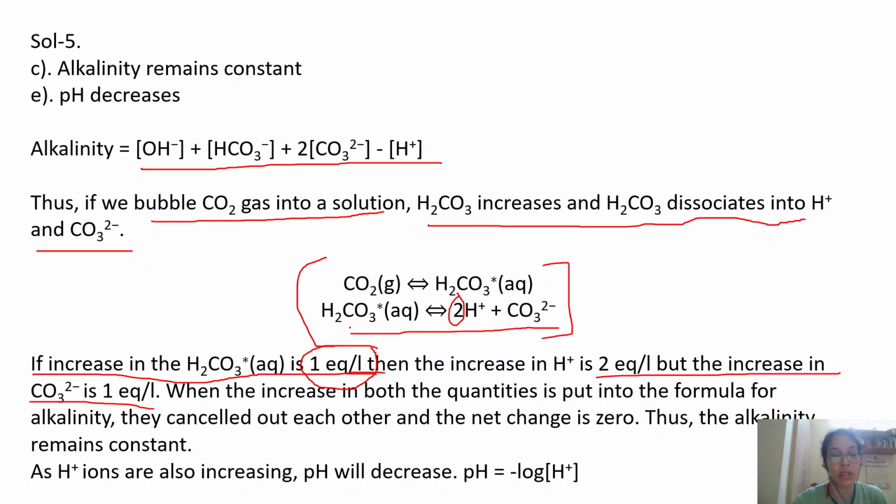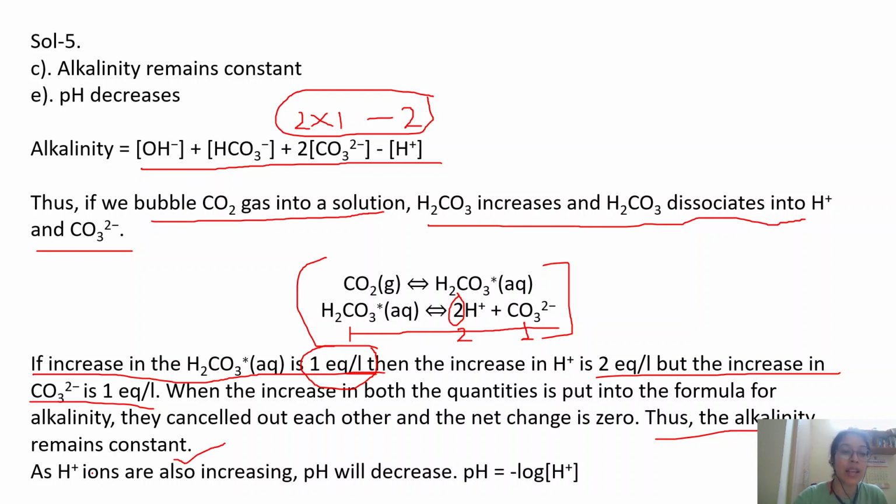Now when we put this inside the formula, OH is same, HCO3 is same. What is happening? 2 times 1 minus 2 times. So is there any change? 2 minus 2 is 0. That is why the net alkalinity is remaining constant.